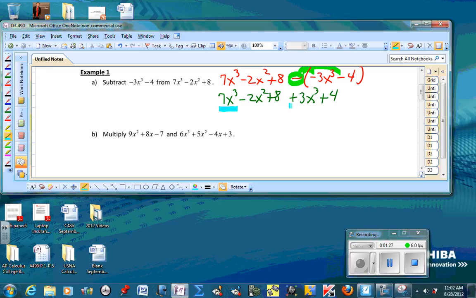Seven x cubed combines with plus 3x cubed to give us 10x cubed. Negative 2x squared doesn't combine with anything, so we're just going to have minus 2x squared. And then plus 8 and plus 4 combine to make plus 12.